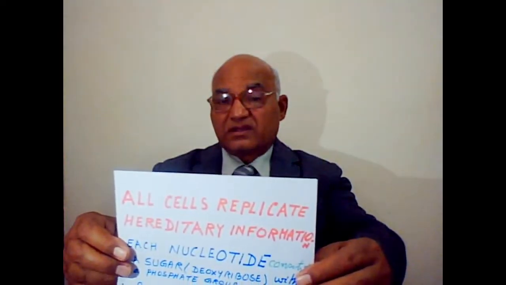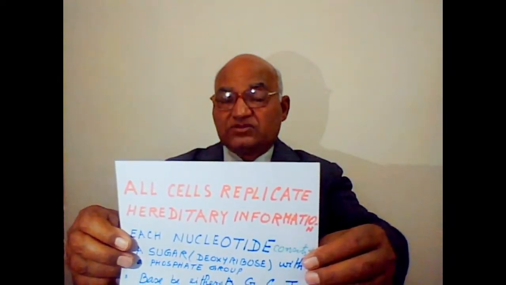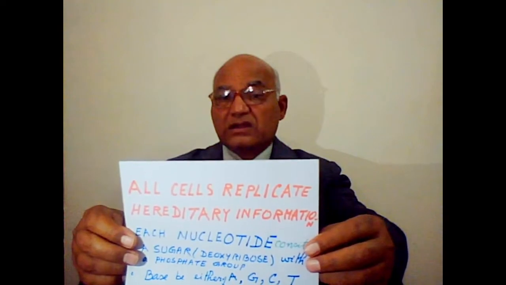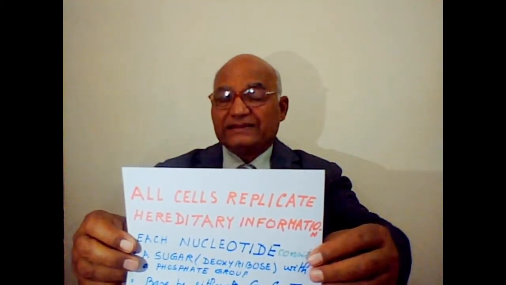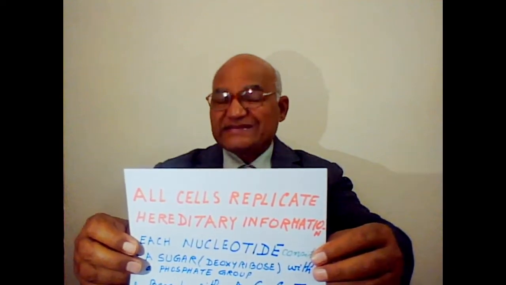All cells replicate hereditary information, and DNA comprises smaller units called nucleotides. Each nucleotide consists of a sugar phosphate bond, a sugar, ribose sugar, to which the phosphate group is attached, and nitrogenous bases.